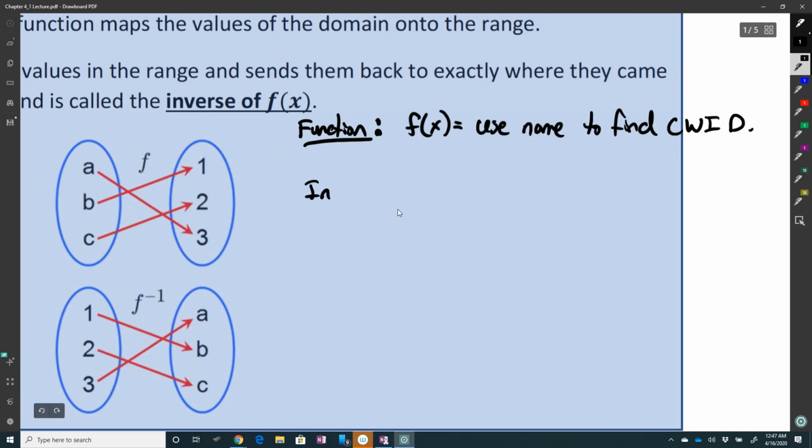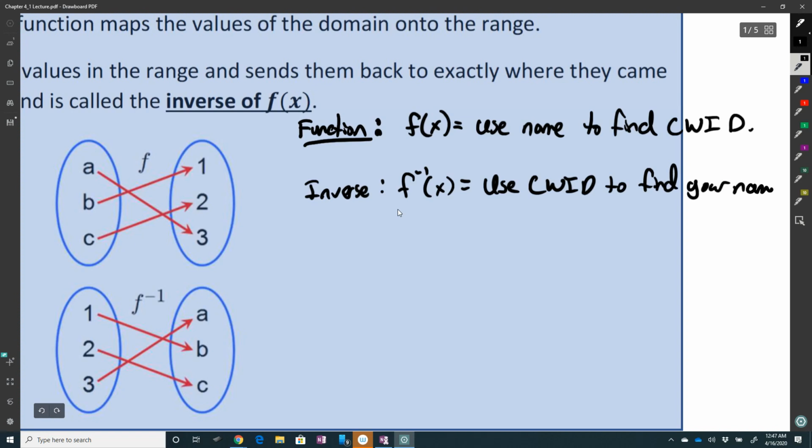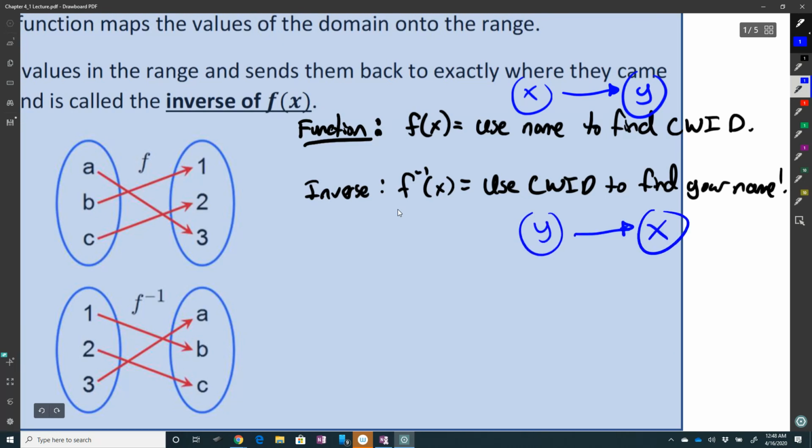Now the inverse, which we denote as f inverse x. Notice I didn't even say f to the -1. I just said f inverse x. What that does is it uses your CW ID to find your name. So my regular function goes from x to y. My inverse goes from y to x. It goes back where it came from.